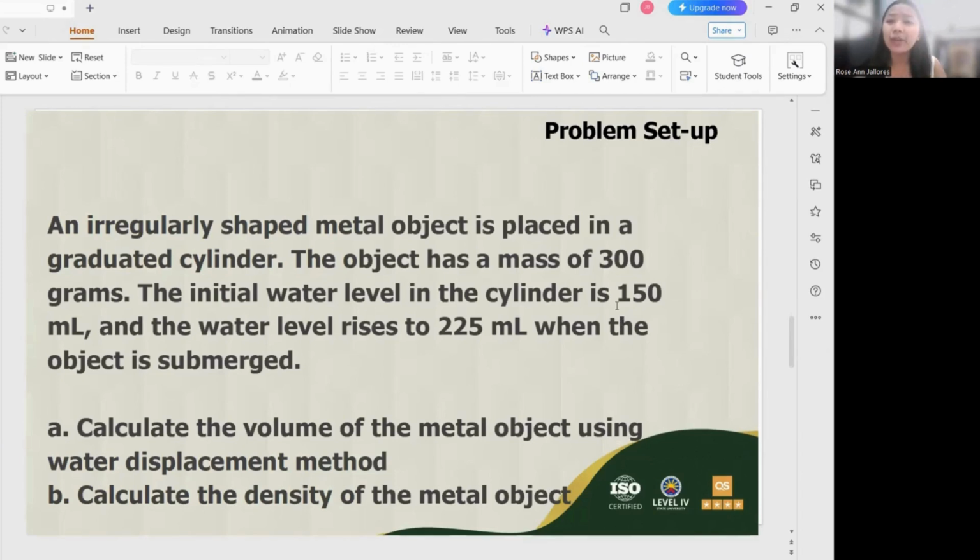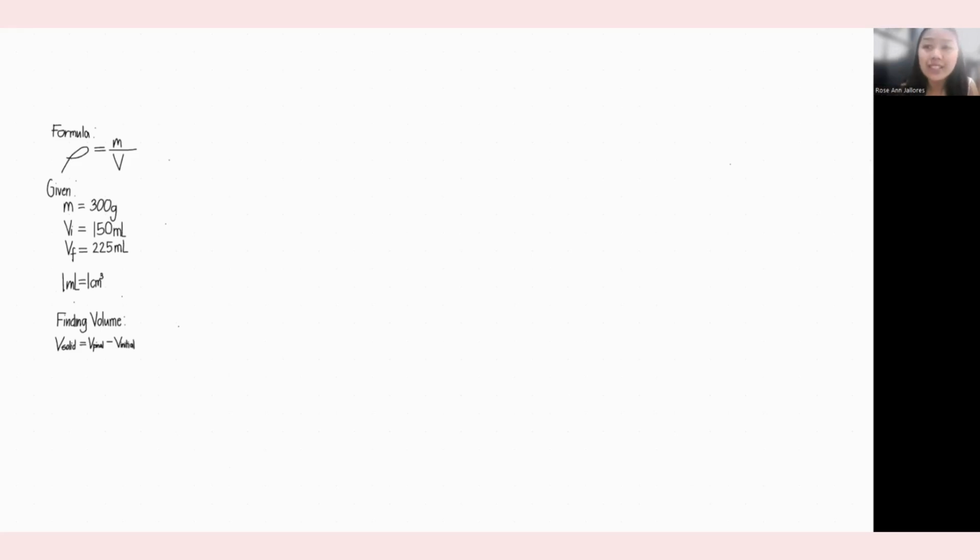Let's proceed now to the calculation using this water displacement method in order to find the volume of the metal object. As you can see here on our whiteboard, we have the formula of density, which is mass per volume, and also the given values: the mass of the metal, and the initial volume, as I said earlier, 150 ml, and the final volume is 225 ml.